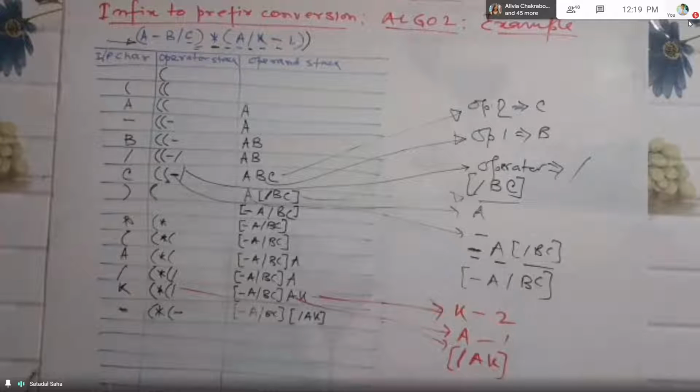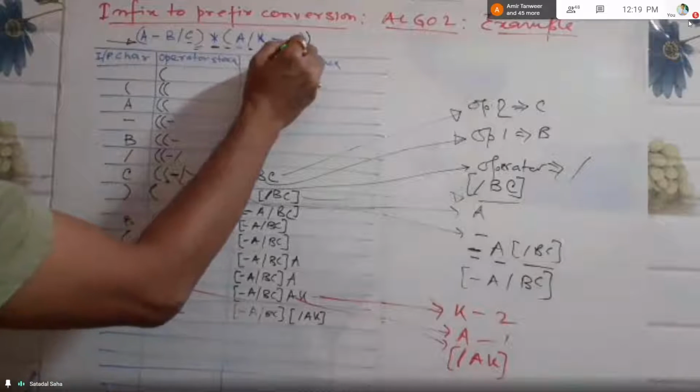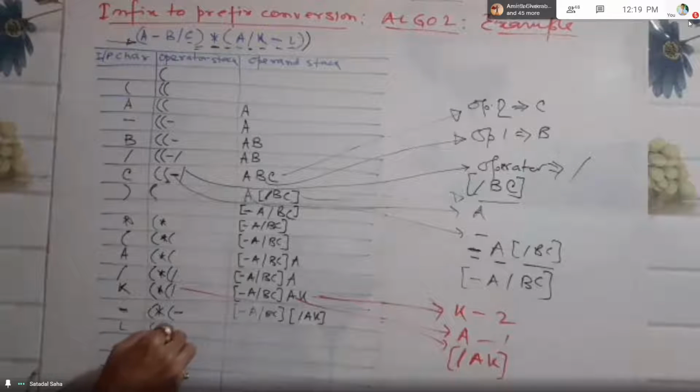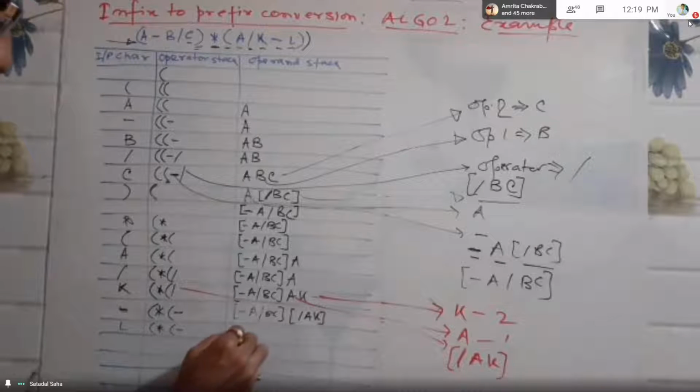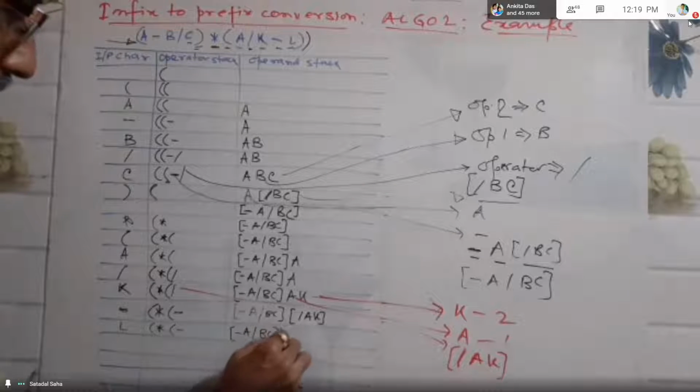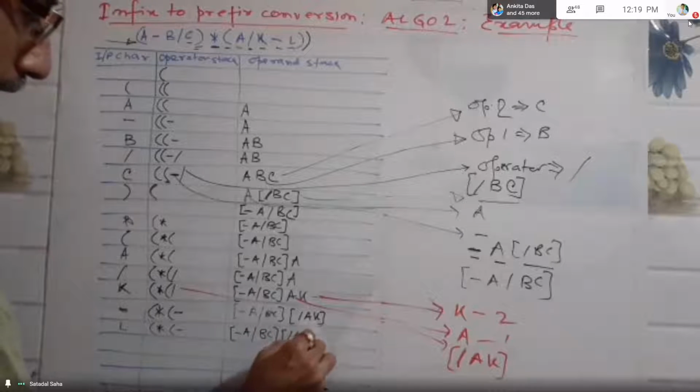Okay. Now you scan the next character, which is L. So minus A slash BC slash A L.